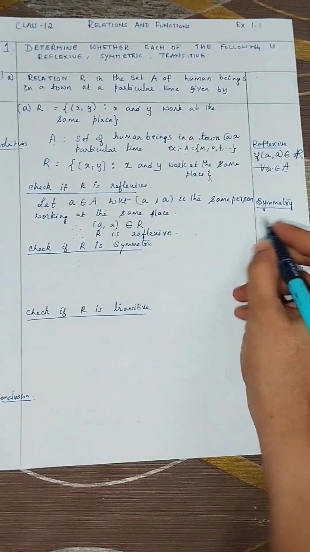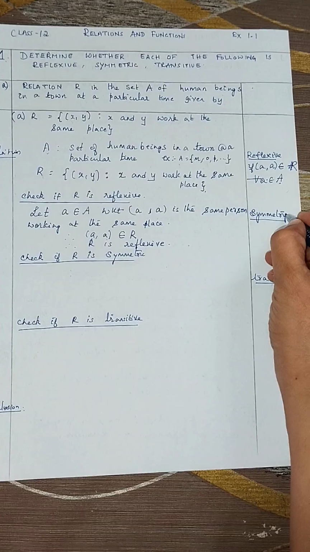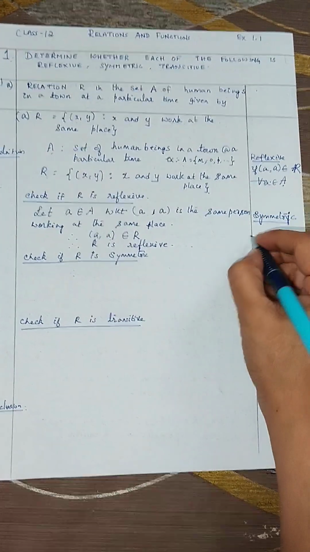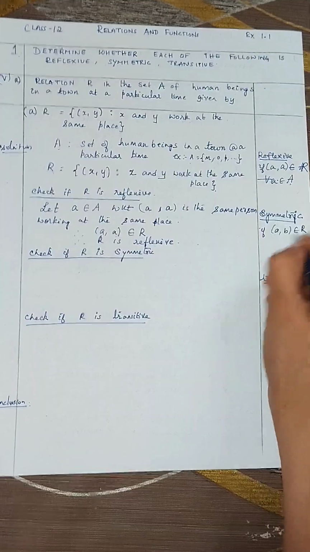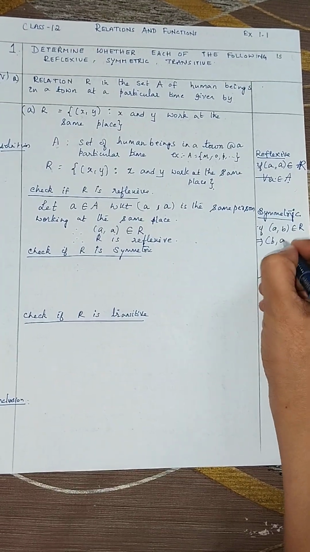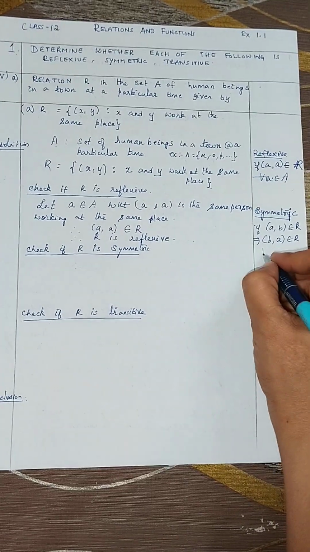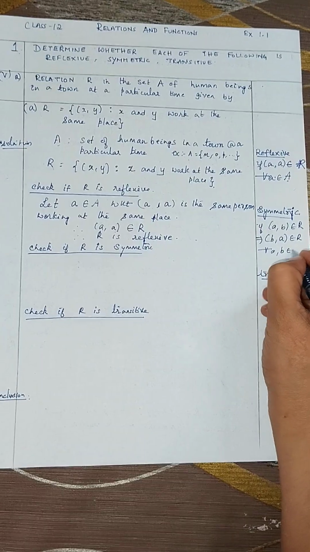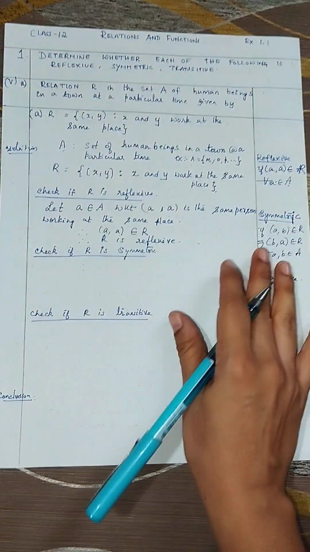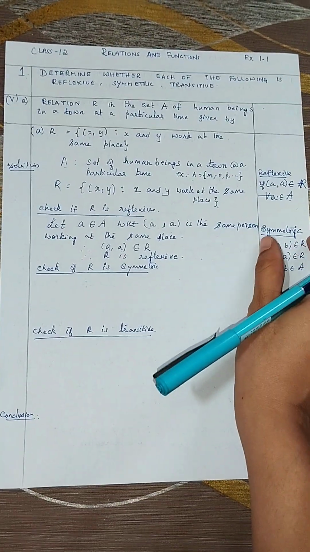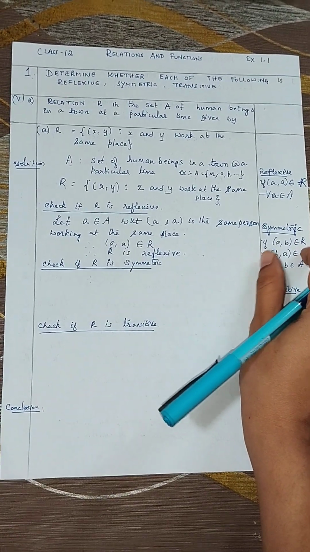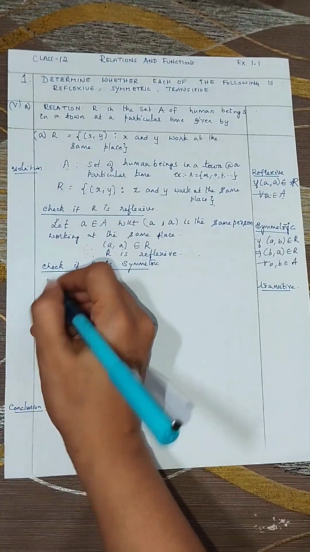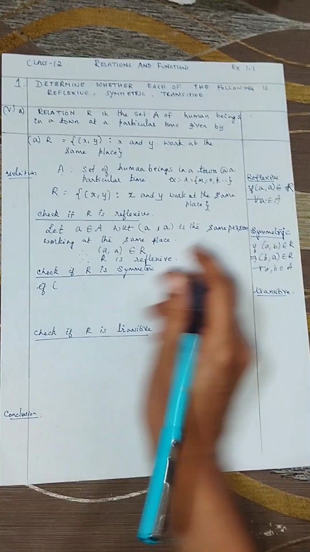Okay, now let us check whether it is symmetric. So if (a, b) belongs to R implies (b, a) belongs to R for all a, b belonging to the given set A. This one we can take for granted. We have to prove whether (b, a) belongs to R. So let us take this granted part.